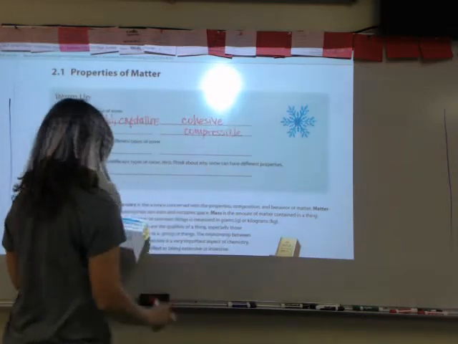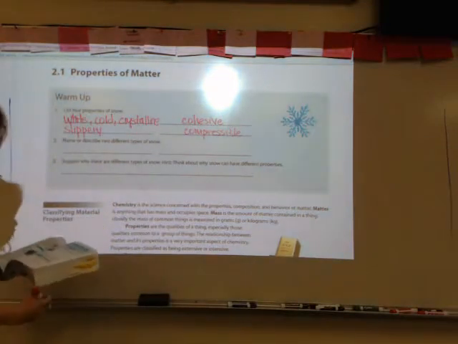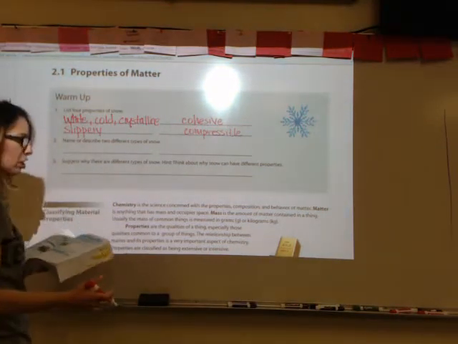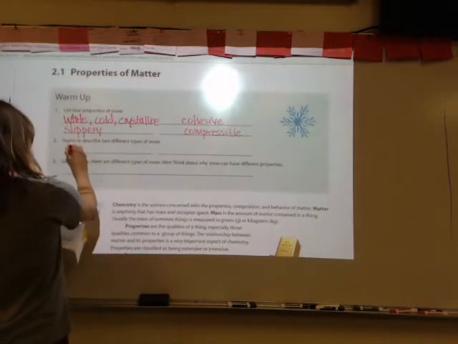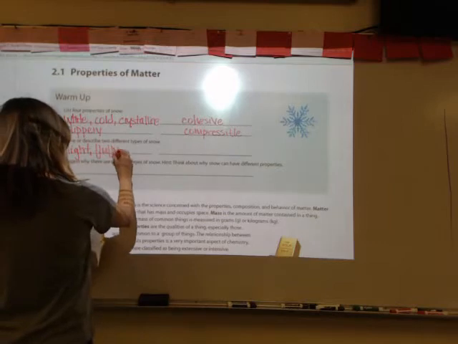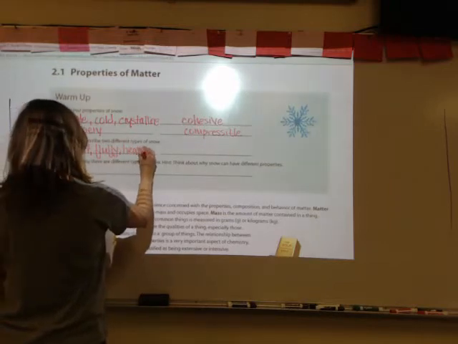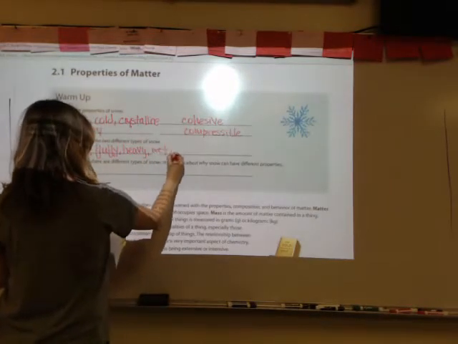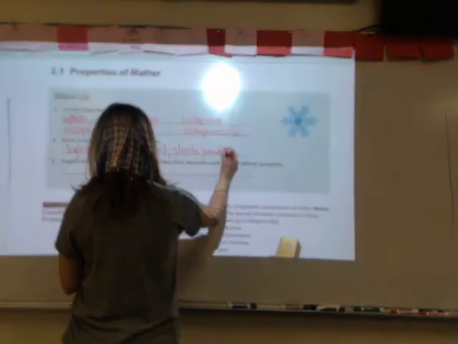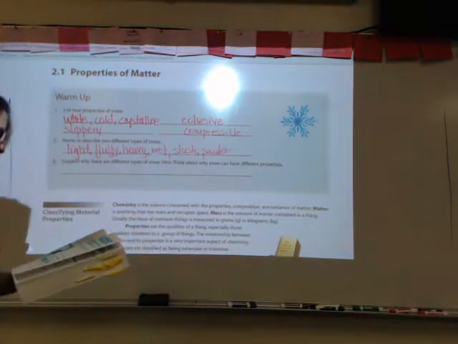Name or describe 2 different types of snow. Well, you can have light snow, fluffy, heavy, wet, slushy, powdery. Suggest why there are different types of snow.